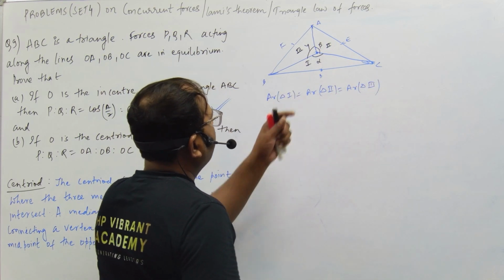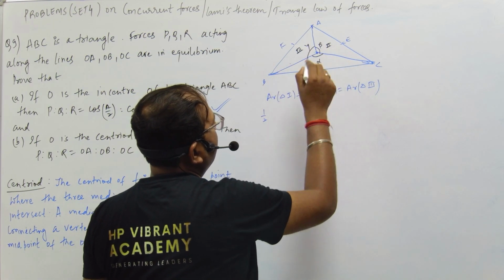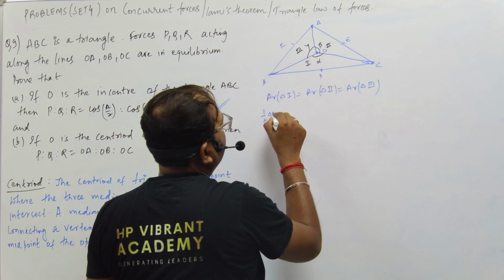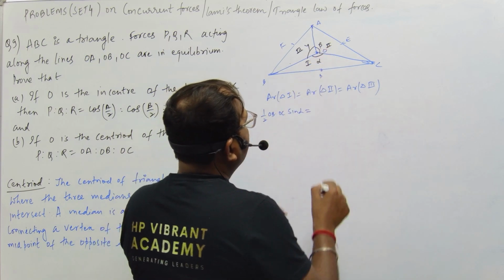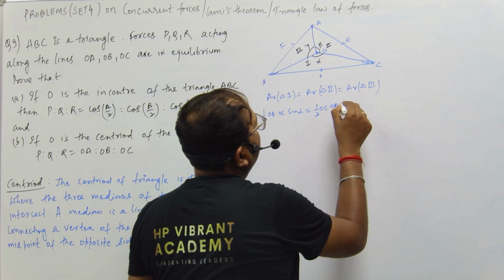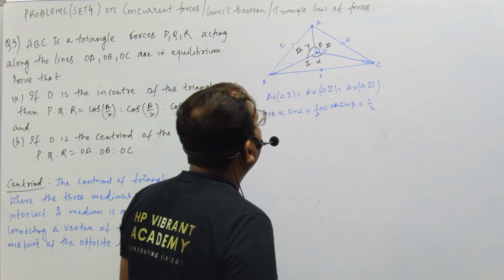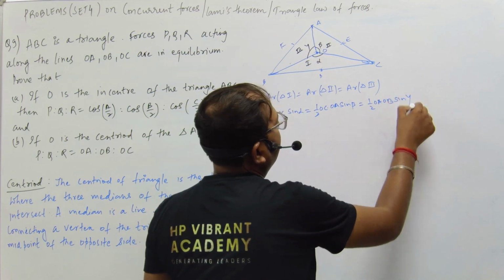The area of triangle 1 is half of this length into this length into sine of alpha. So we have half of OB into OC into sine alpha, which is equal to half of OC into OA into sine of beta, which is equal to half of OA into OB into sine of gamma.